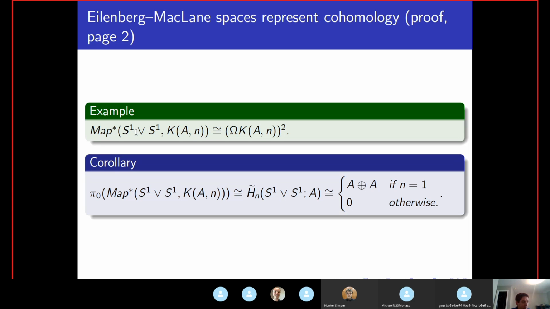Maps out of a wedge of spheres is a product of maps from spheres. Before we just knew the theorem for spheres, and now we know the theorem for wedges of spheres. So we're just building up the collection of spaces that we know the theorem for. Also, I think someone started talking, but their internet was bad. If someone has a question, they should repeat it.